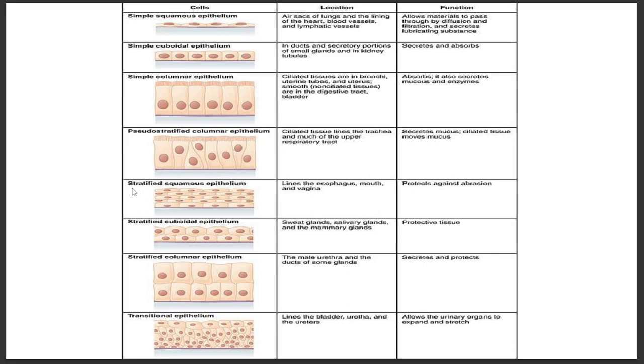So I've got also stratified squamous. It is a lot of layers, but it is flat. The function for this one is protection against abrasion, right? The stratified squamous is where you mostly have a lot of friction happening. So it is there for protection in places like the mouth, esophagus, and the vagina. Imagine the vagina had simple squamous epithelium.